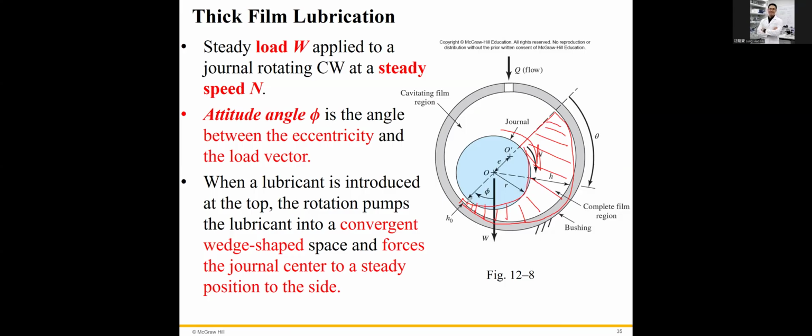So this journal will stay at the steady position due to this wedge shape of the oil, which produces the pressure. This pressure forces the journal to stay fixed at a steady position.